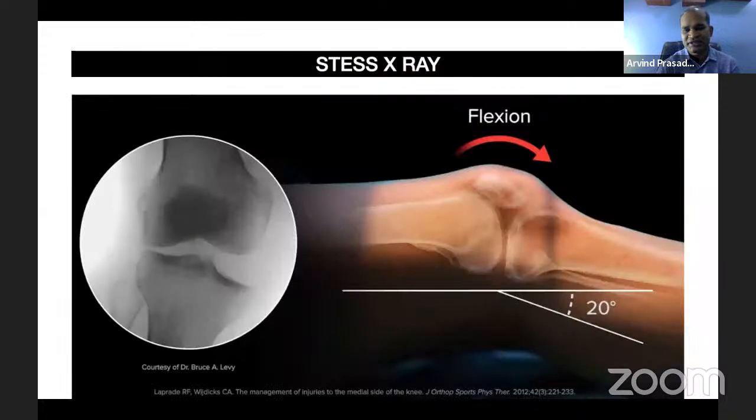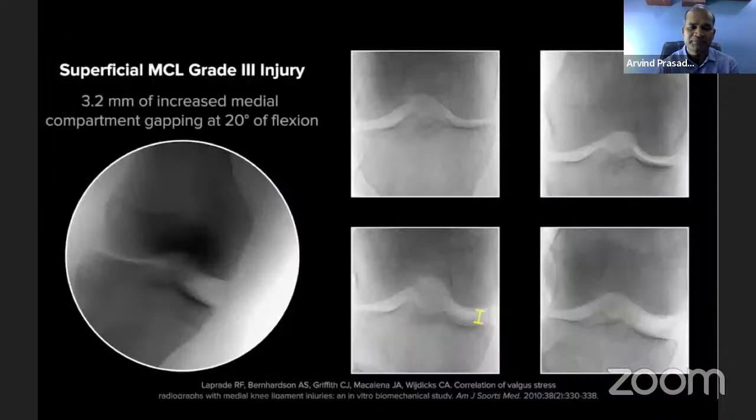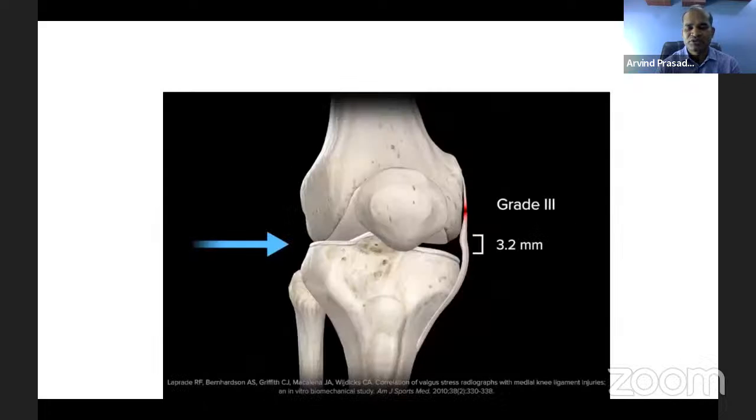So this is the clinical, but there is also the radiological, that is X-ray. In the X-ray, you put a stress over the knee joint, a stress valgus test, and it's usually done at an angle of 20 degree. So if at 20 degree the opening is 3.2 millimeter in comparison, it is called a grade 3 injury.